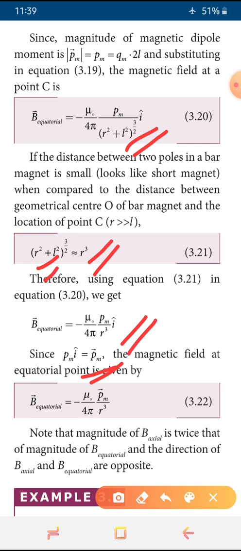Okay, this is the value of the magnetic field when the dipole is placed, at a point we selected on the equatorial line, and this equation number 3.22 is the answer for the magnetic field due to the magnetic dipole. Keep this equation 3.22 in your mind: minus mu naught divided by 4 pi Pm vector divided by R cube.